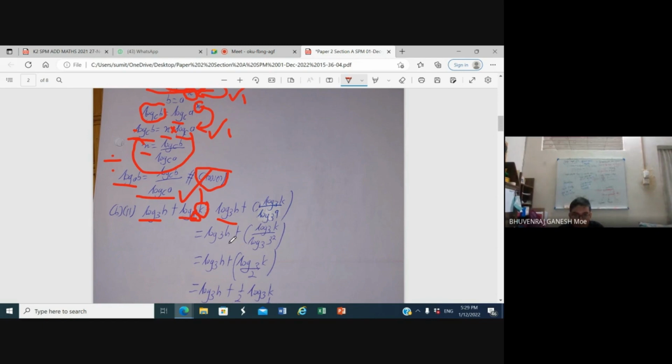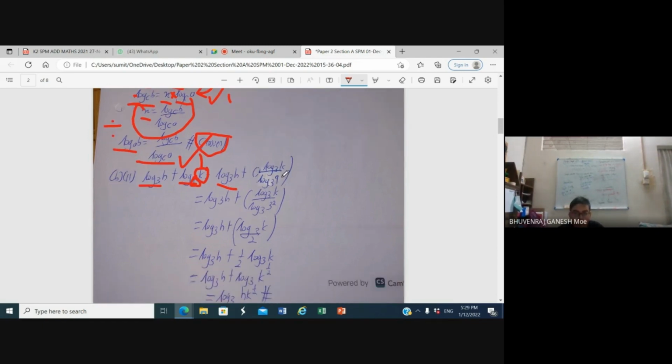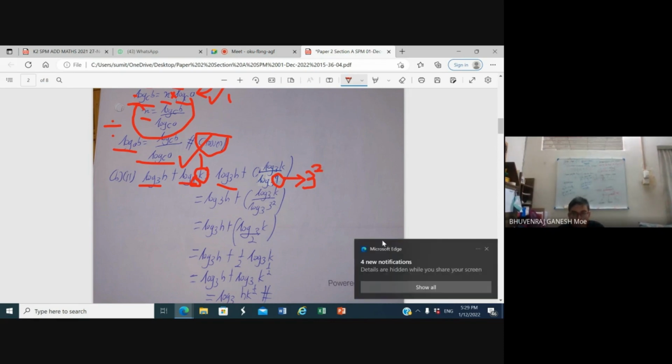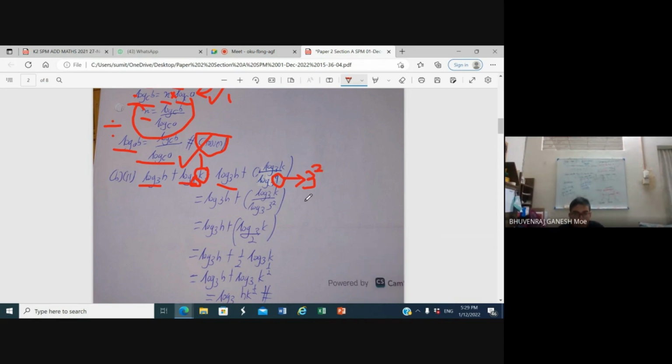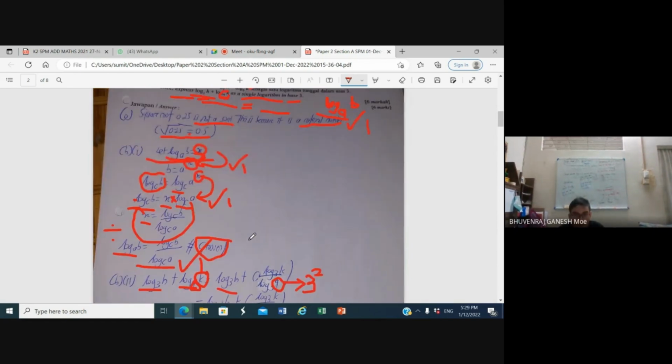And then from here, there's another rule. You see 9 can actually become 3 squared, if you notice. Then you have to play around now with the numbers. 9 is actually 3 squared indices. So you get log 3 squared. And then you see the power here? This step. You see the power I shift down.